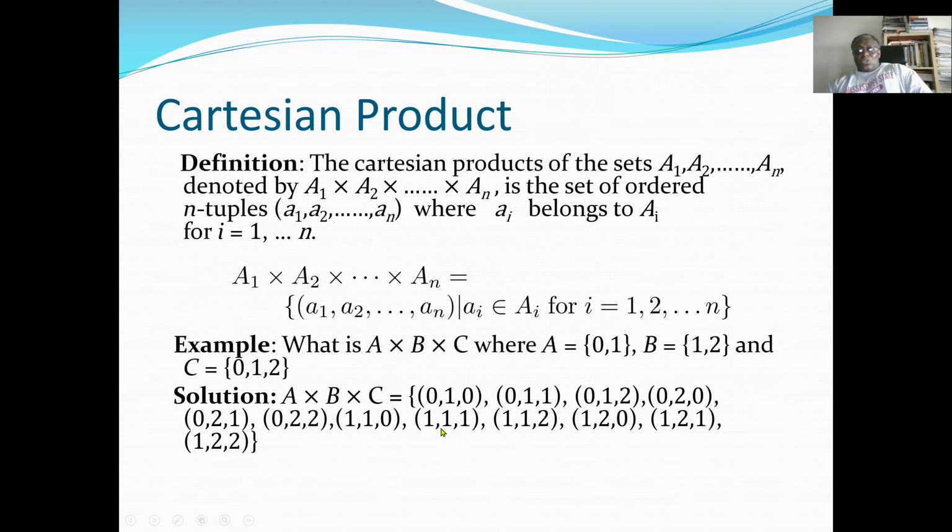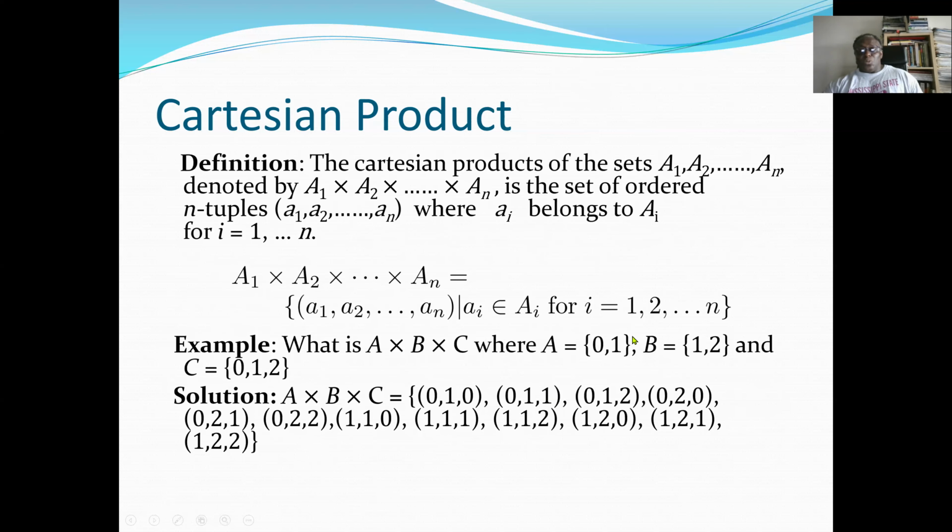How do we get (0, 1, 0)? I take the first set, 0, then the second set, 1, then the third, 0.